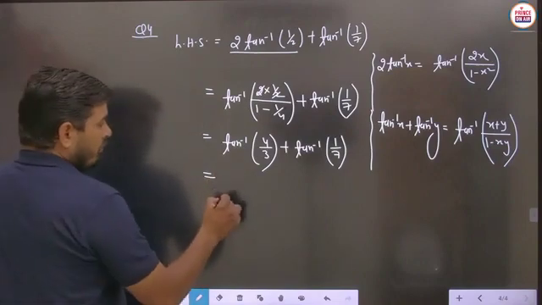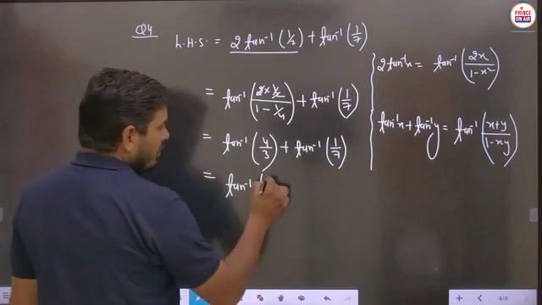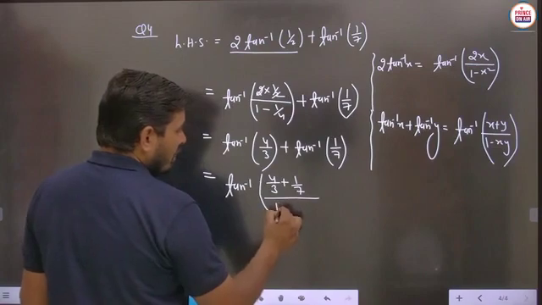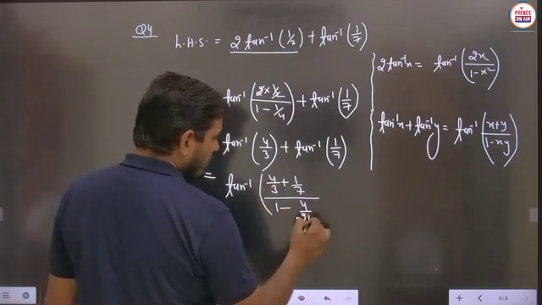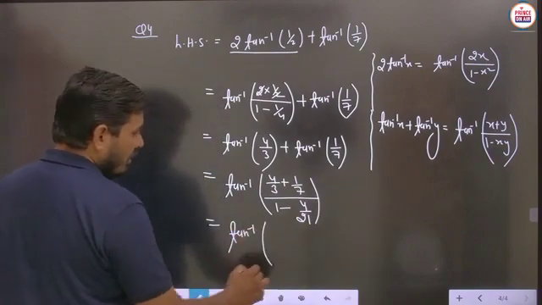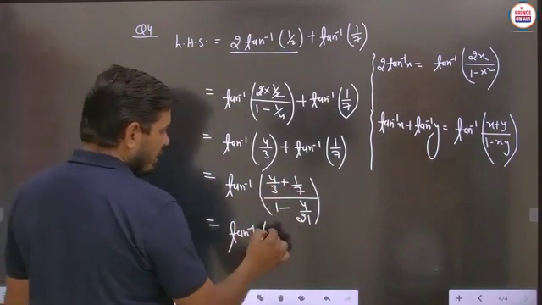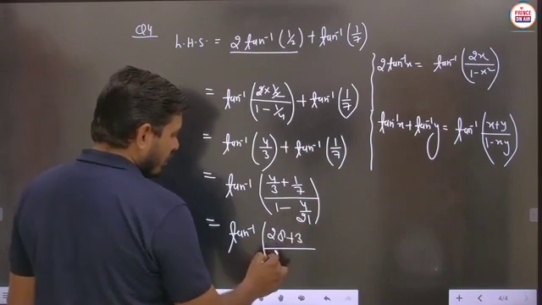So finally we have to apply this property. Tan inverse of x plus y, so 4 by 3 plus 1 by 7 upon 1 minus xy, which is 4 by 21. Is it clear? Now you can simplify the part. Then 4 by 3 plus 1 by 7 gets multiplied, then 28 plus 3 divided by 21 minus 4.